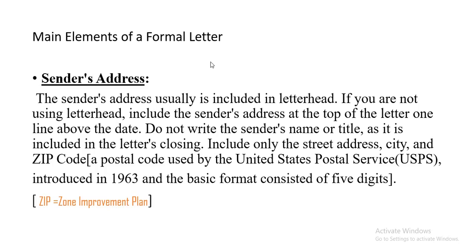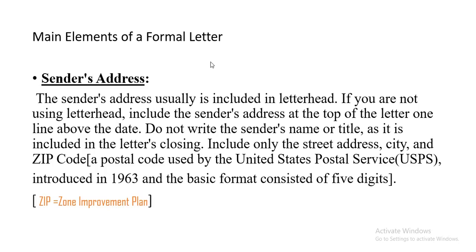What is a zip code? A zip code is a postal code used by the United States Postal Service, USPS, introduced in 1963, and the basic format consisted of 5 digits. It was especially introduced in the USA.